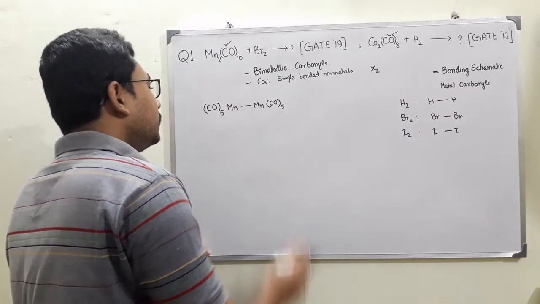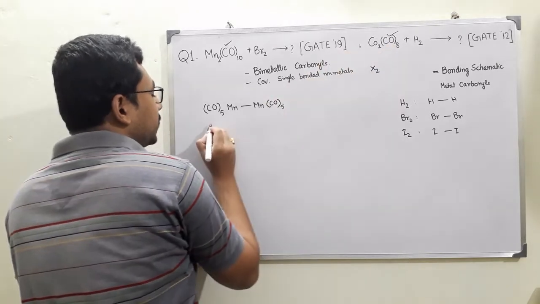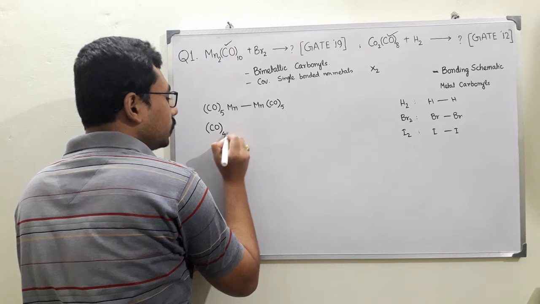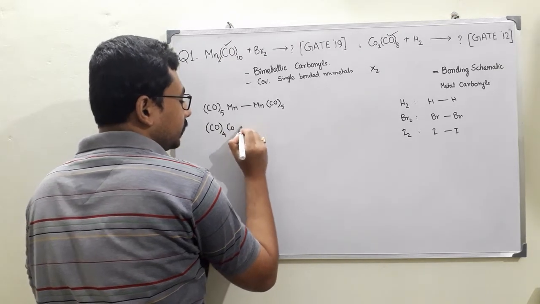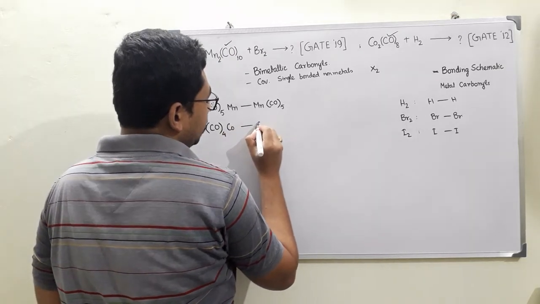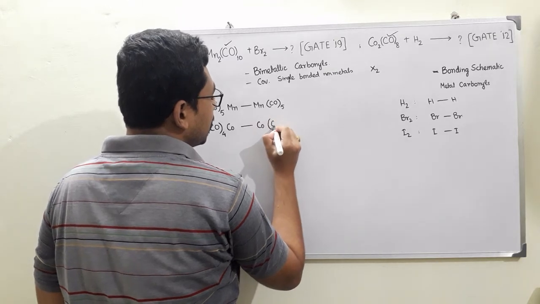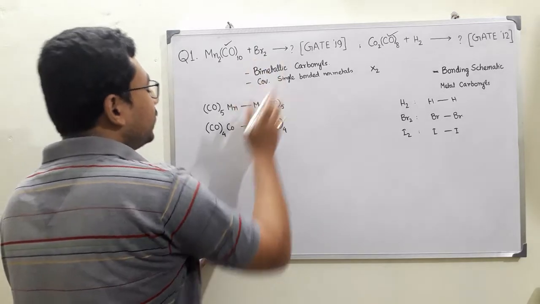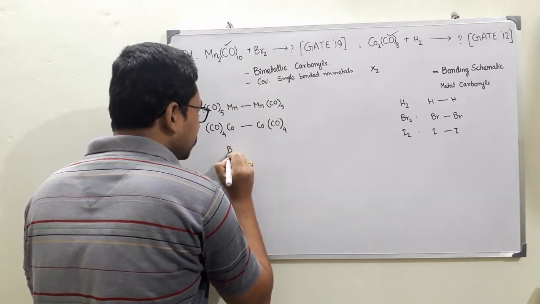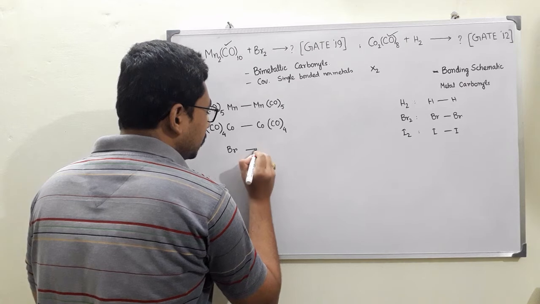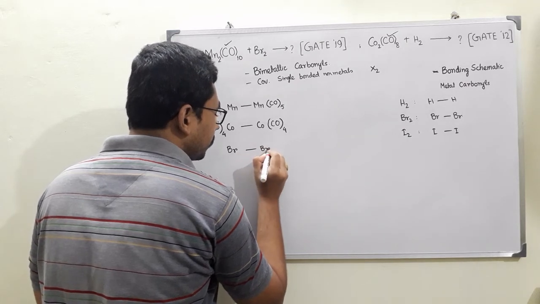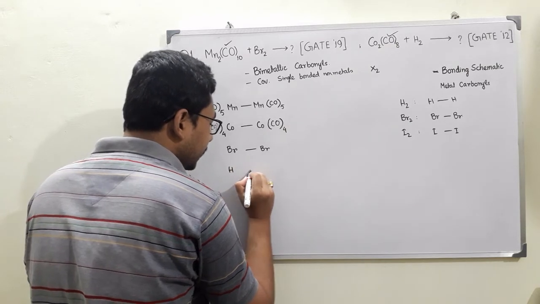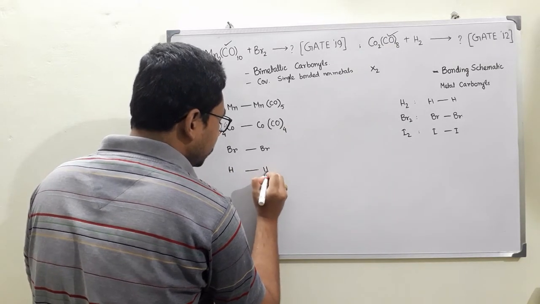Similarly, this one we can write like (CO)4Co, once again Co(CO)4. Now, if I write bromine, Br single bond Br, and you can also write hydrogen H2 like H single bond H.